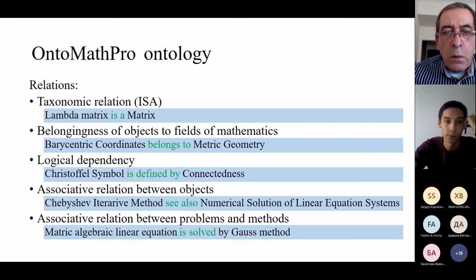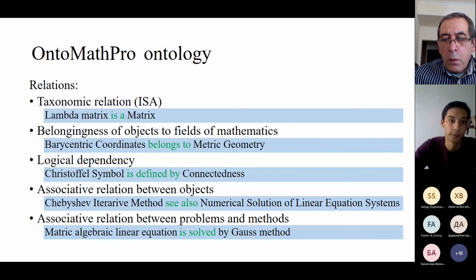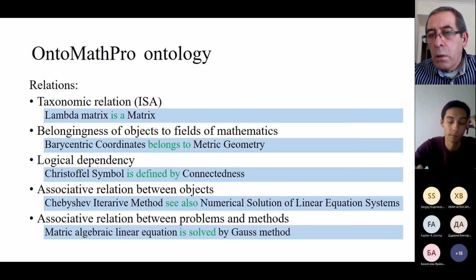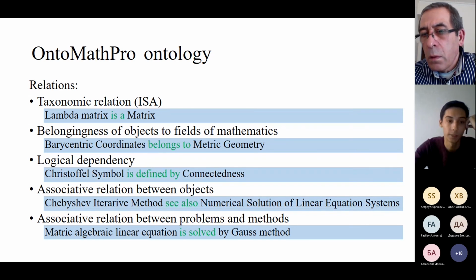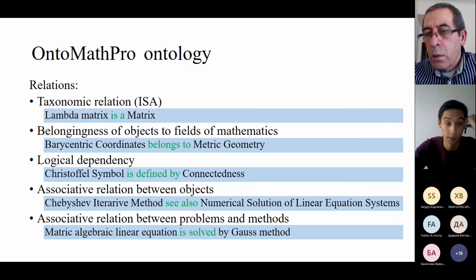В онтологии реализованы следующие связи. Это таксономическая связь, связь подчинения объектов областям математики, логическая зависимость, ассоциативная связь между объектами и ассоциативная связь между проблемами и методами.